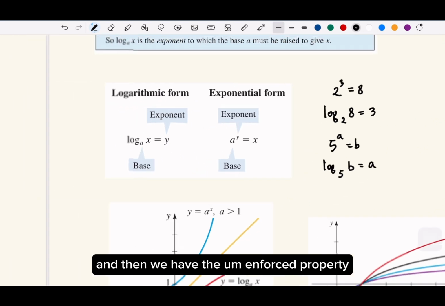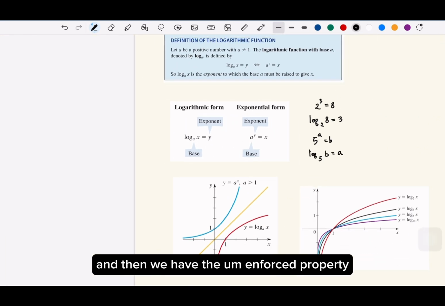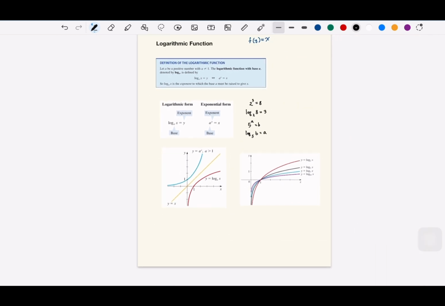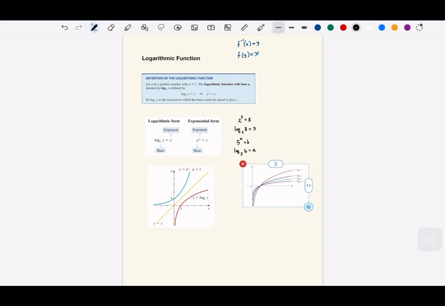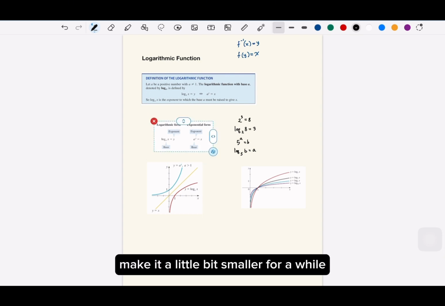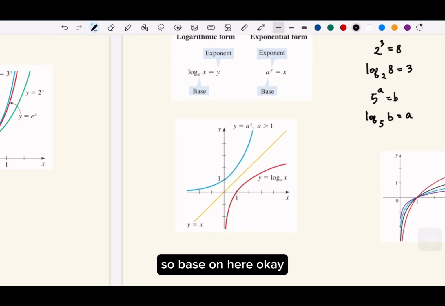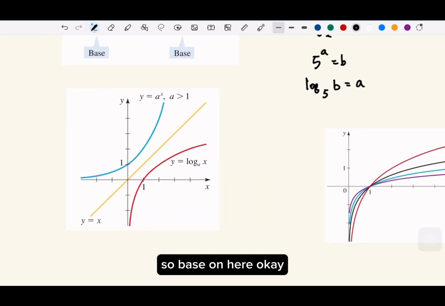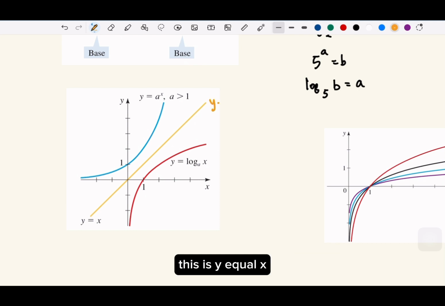And then we have the inverse property. Let me write it here. Let me make it a little bit smaller for a while. Based on here, by the definition of the inverse, this is y equal x.